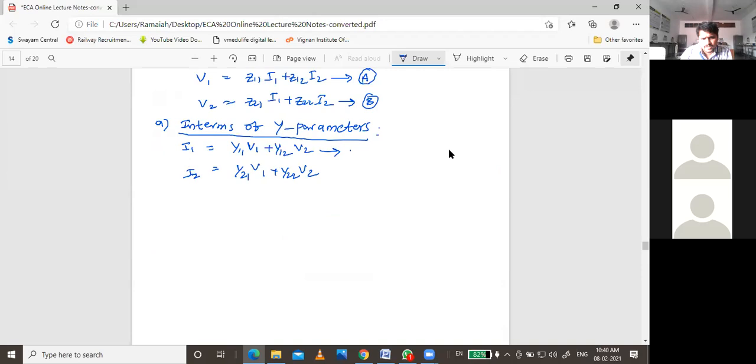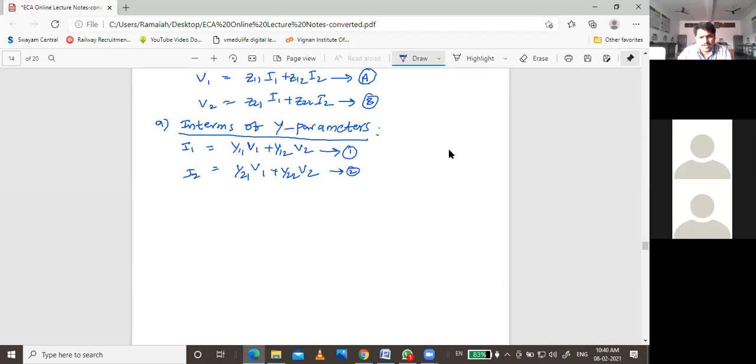So this is equation 1, equation 2. That means we are going to write V1 equal to something into I1 plus something into I2, and V2 equal to some Y parameters into I1 plus some Y parameters into I2.